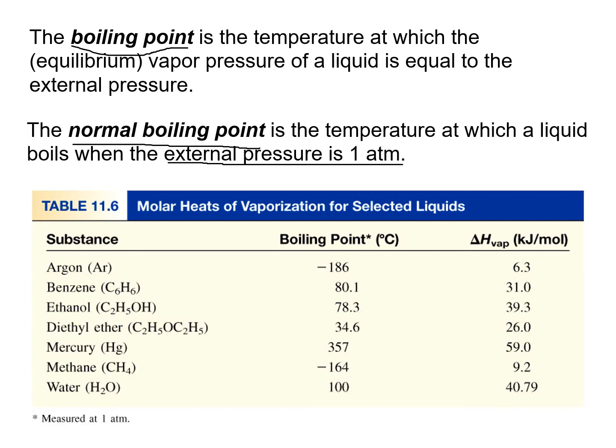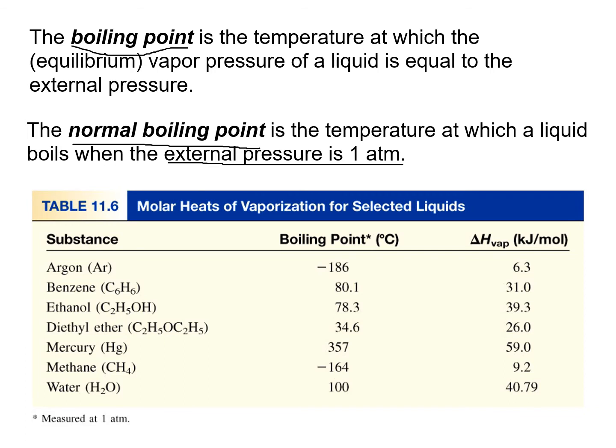And here we can compare some boiling points. They also, in this table, is the delta heat of vaporization, and that's the energy that is either, well, depends upon whether we're vaporizing or condensing, the reverse processes, but this is for vaporization.